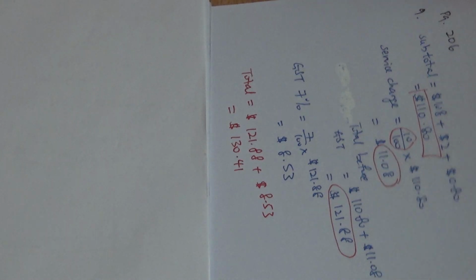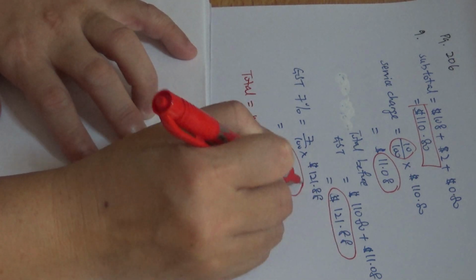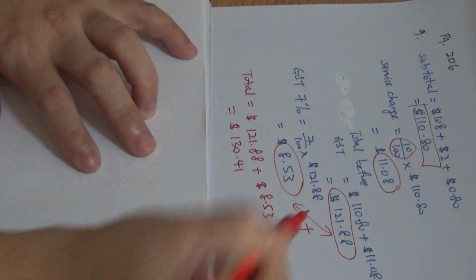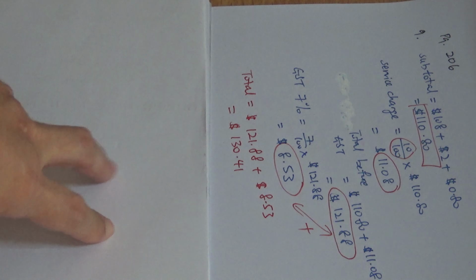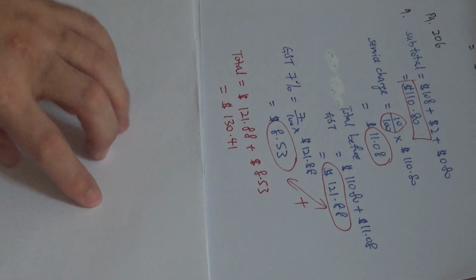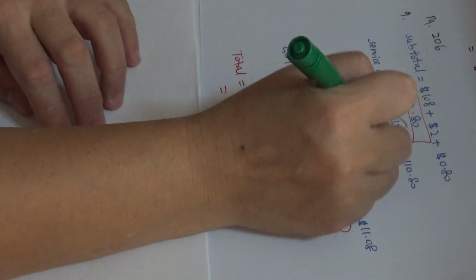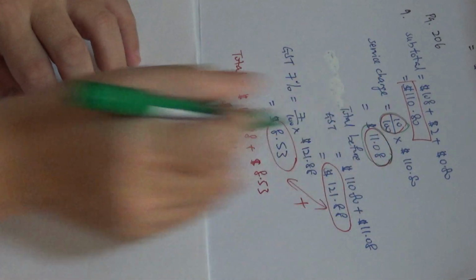So what is the grand total? The grand total will be this plus this. This plus this will give me the grand total. Now I'm going to repeat. Service charge is 10%. You get this amount.